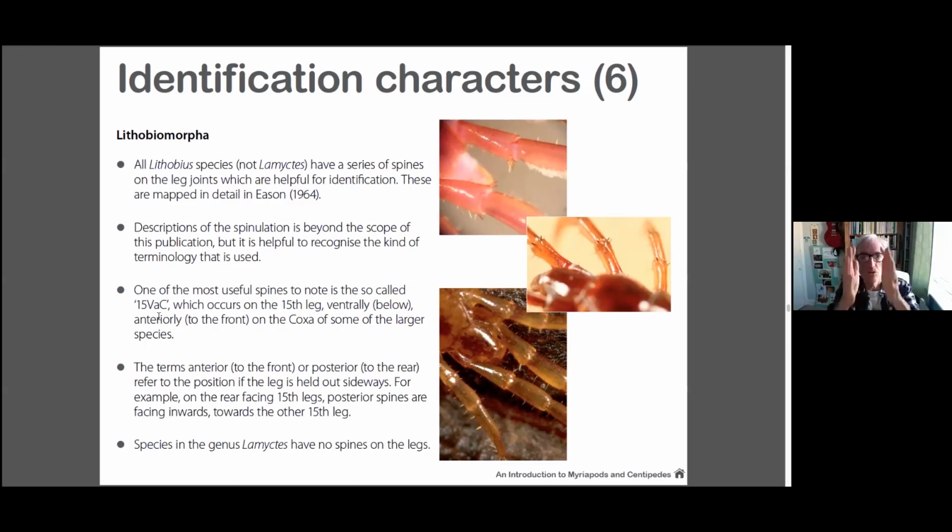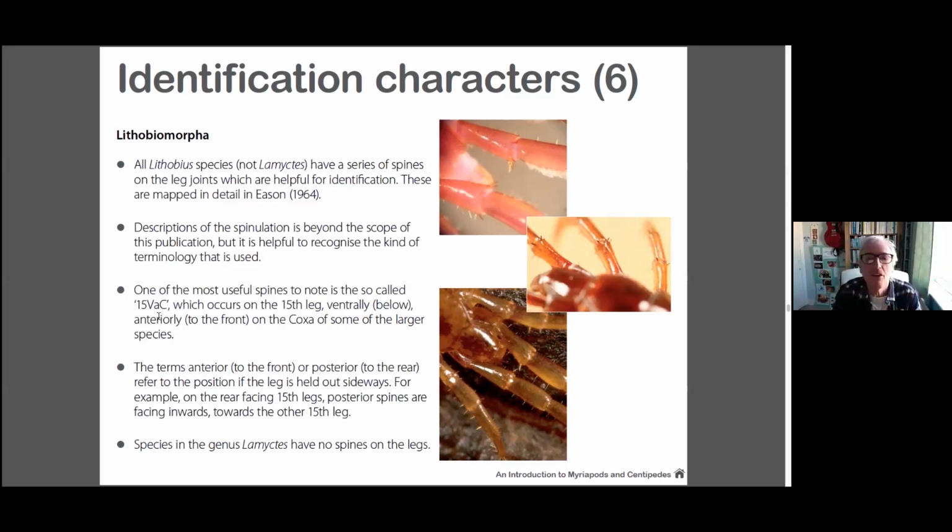So if you imagine that back leg splayed out, it's the 15th leg, the anterior, the front edge of that, on the coxa, there's a ventral spine, which is unique, and that's your 15 VAC. I can't hear many of you thanking me for that, but nonetheless, you've heard it now.